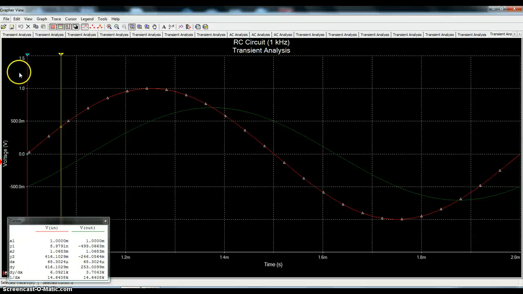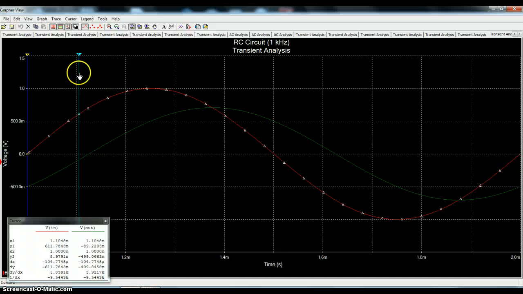And I think I'm going to use cursor 1 for that purpose, just as a matter of reference. So let me drag cursor 1 over to the right here and click on it so it's been selected. Okay, the triangles on it mean it's been selected.